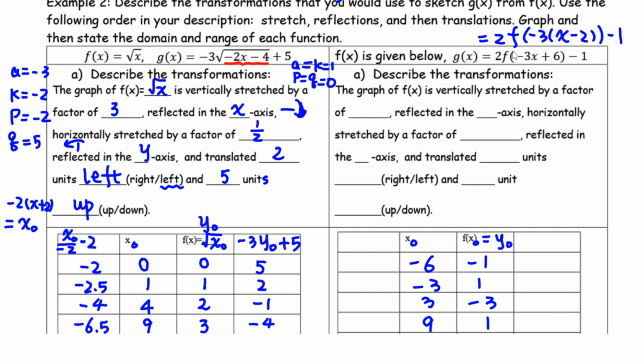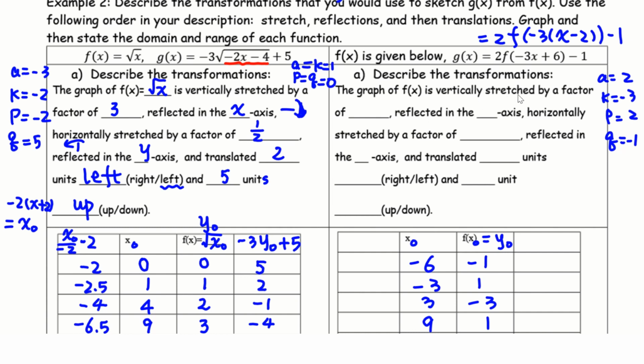By doing this, you are able to find the AKPQ. So A is 2, K is negative 3, and P is opposite with the number inside the bracket, which is positive 2, and Q is negative 1 outside of this function notation.